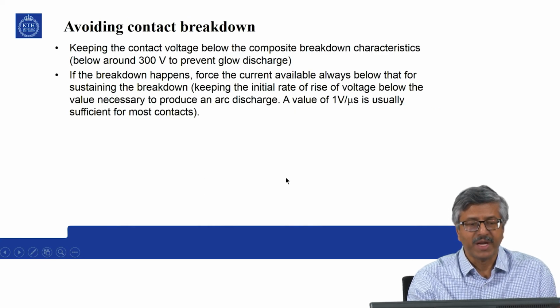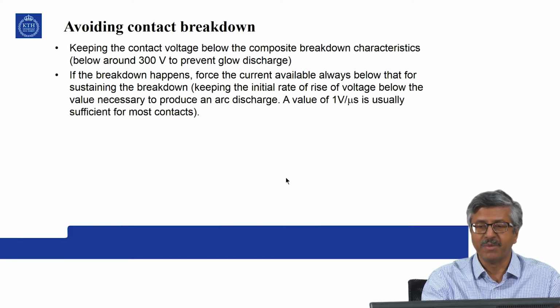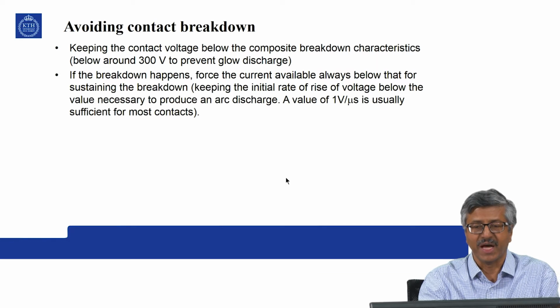Now, avoiding contact breakdown: keep the contact voltage below the composite breakdown characteristic, below around 300 volt, to prevent the glow discharge. If the breakdown happens, force the current available to always be below that for sustaining the breakdown, that is, keep the initial rate of rise of voltage below the value necessary to produce an arc voltage.